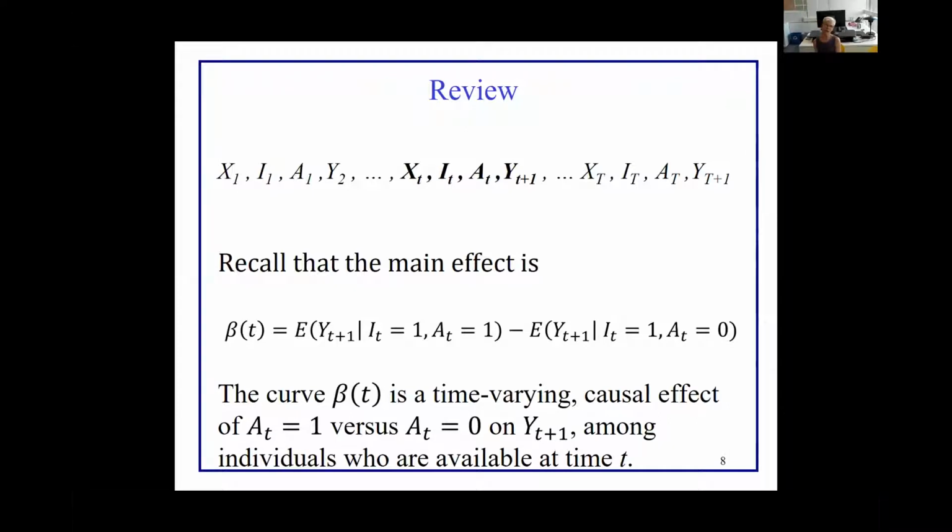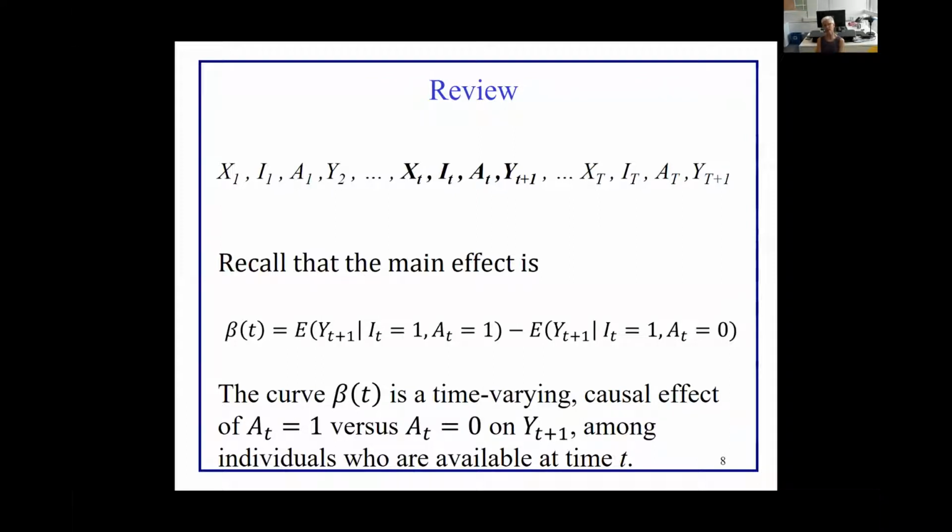In the 1-and-1 on micro-randomized trials, we defined the main effect, and the primary analysis concerns this main effect. And here you see it written down. I denoted it using beta of t. So that's what we could think of as the effect at time t.